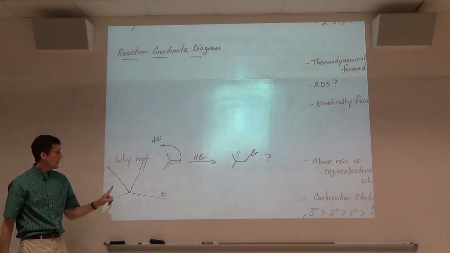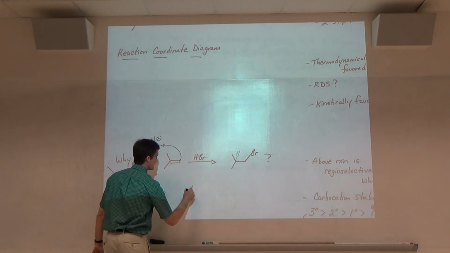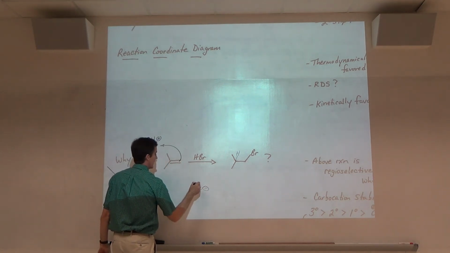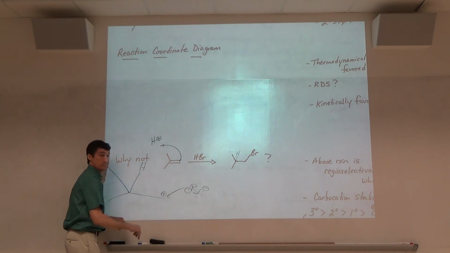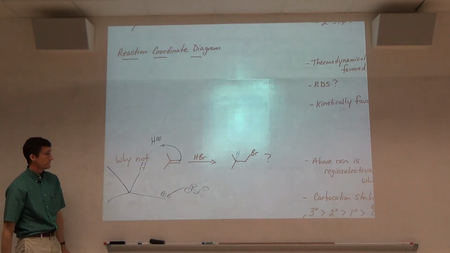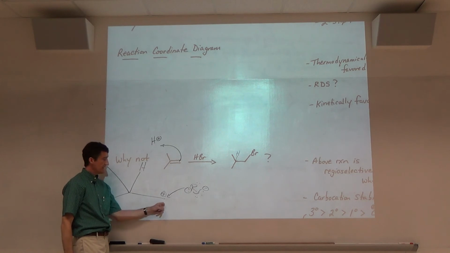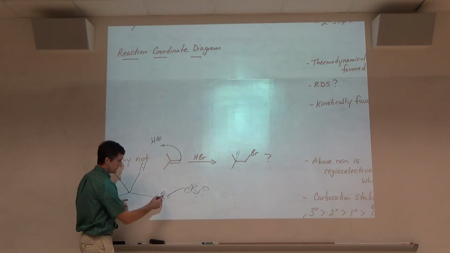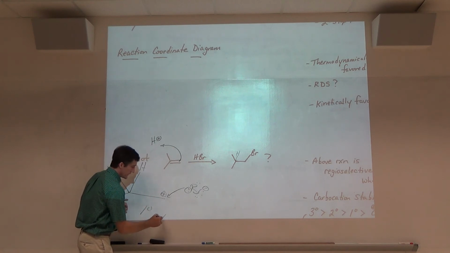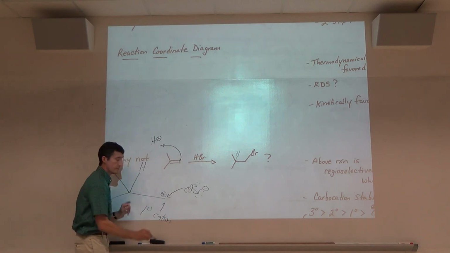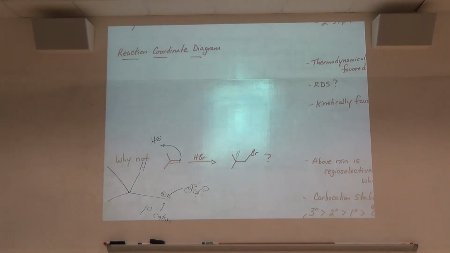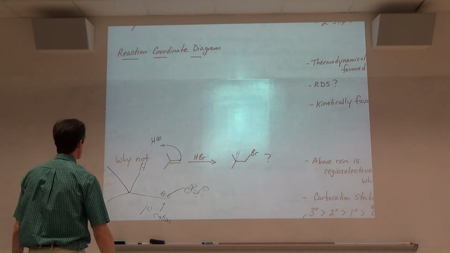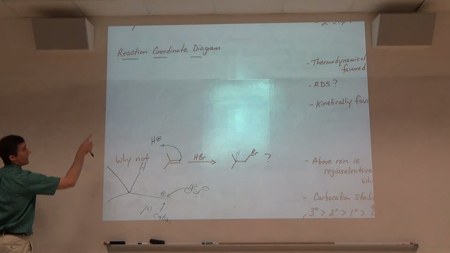Okay? Why does it not happen this way? These electrons make the bond. What type of cation is this? Primary, secondary, tertiary? Primary cation. Which is more stable, primary or tertiary? Why is tertiary more stable? Up there, I erased it.